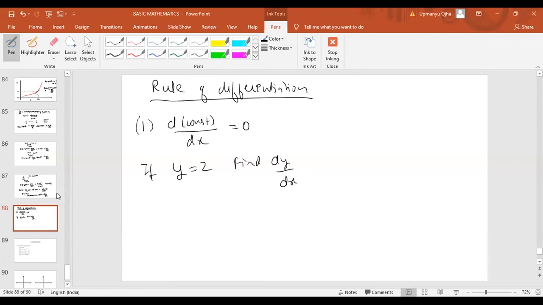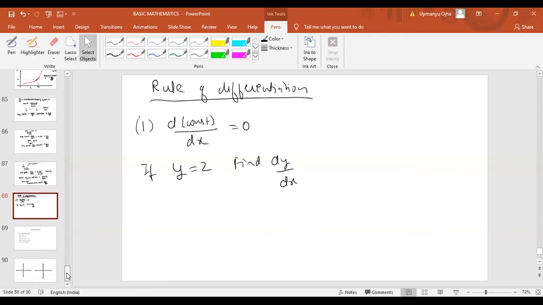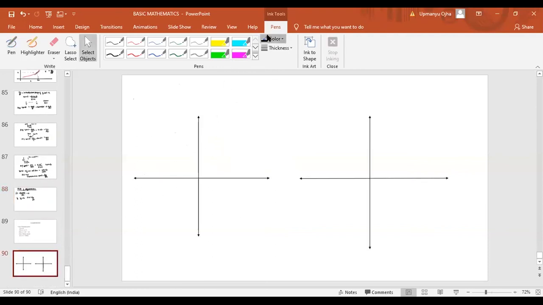If you remember the graph which we discussed, where this is y and this is x, if I take y equal to 2, the line will be a straight line parallel to the x-axis. Now, what is the slope of this line?